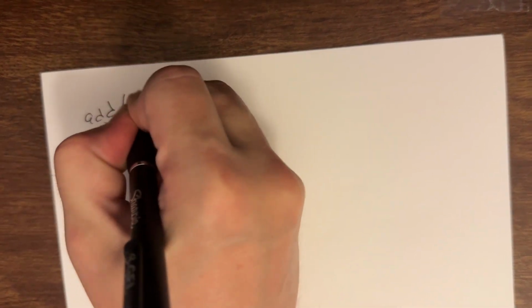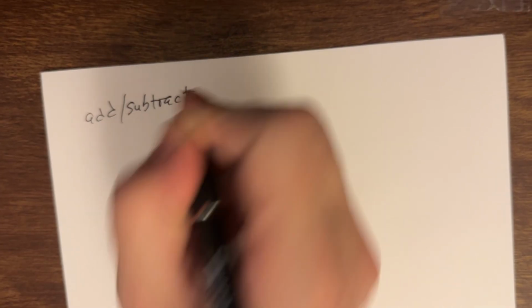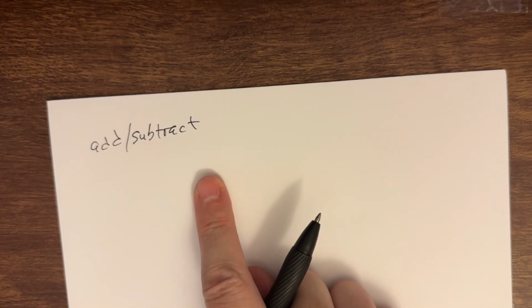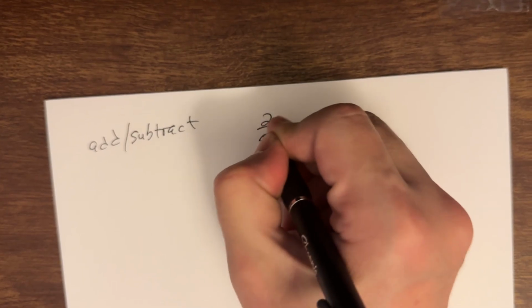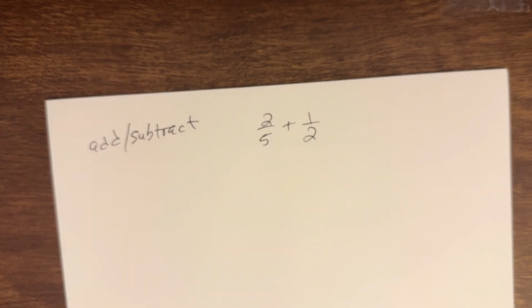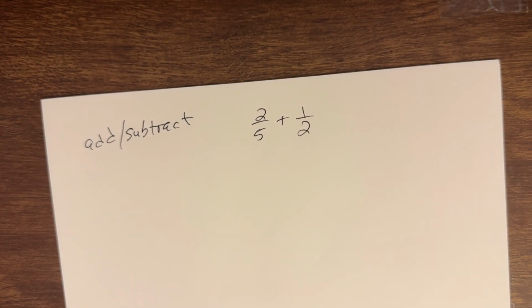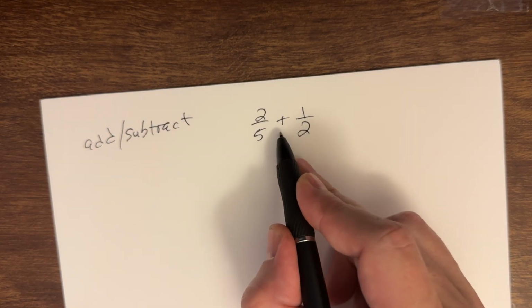All right. And now we go to addition and subtraction. And we're going to do these at the same time. Because as we get to addition subtraction, once again, we're going to go back and just think about some simple numbers. If I had 2/5 plus 1/2, the point of adding, and in a moment, we'll just make this a subtraction problem.